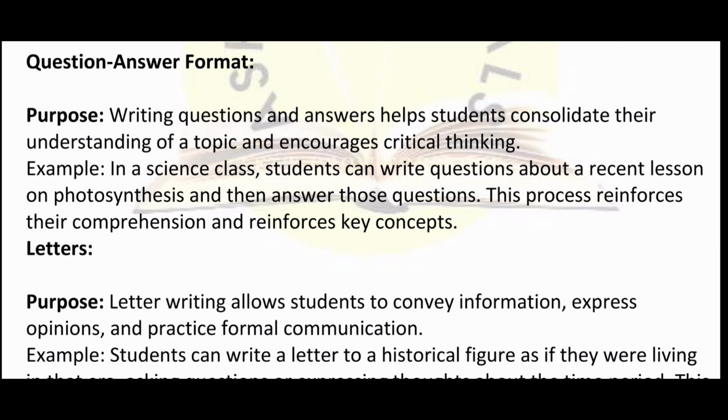These are the questions the students can make. At the same time, after they make the questions, you ask them to solve the questions. By doing so, the children will gain a more crystal clear understanding of the lesson, and this process reinforces their comprehension of the key concept of that particular topic.